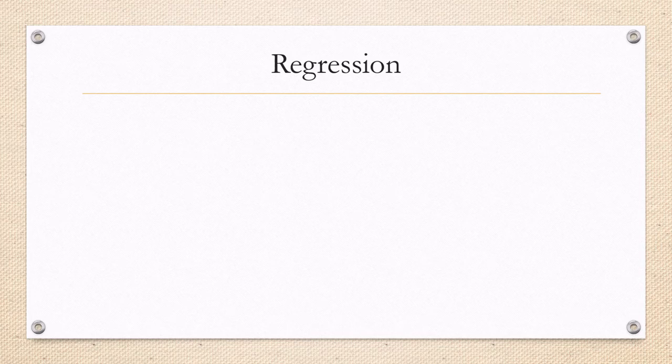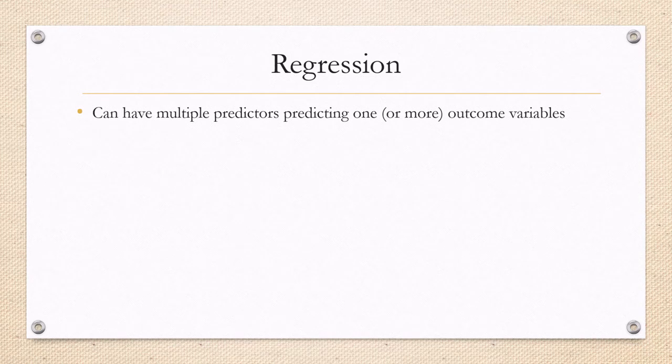Now, regression is similar to correlation, but it allows for more variables. You can have multiple predictors predicting one or more outcome variables. So if you like analogies, it is to a correlation as ANOVA is to the t-test.